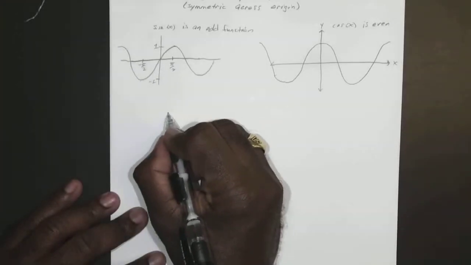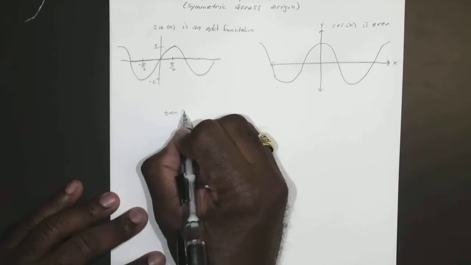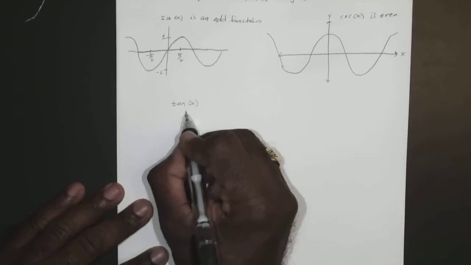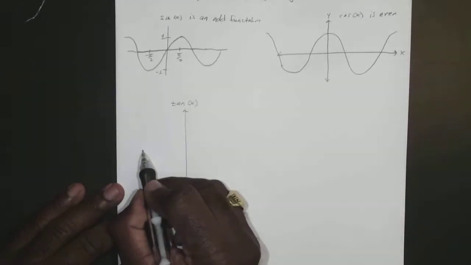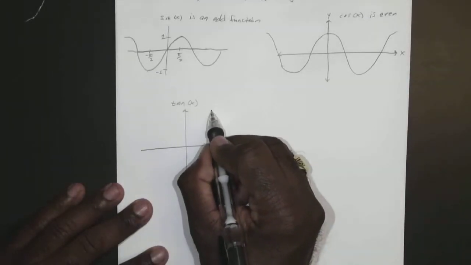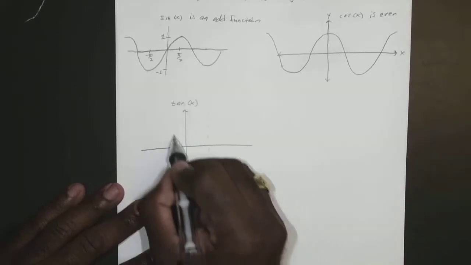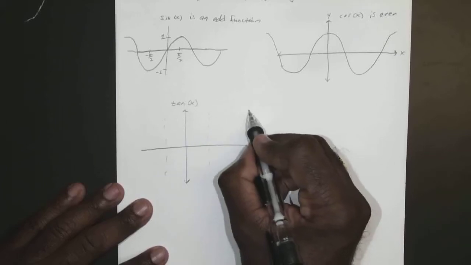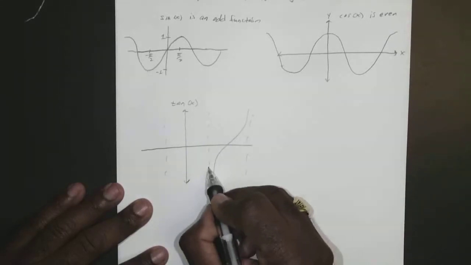So you know that cosine is an even function. Okay, so if we look at tangent, we'll do a quick graph of tangent. And we have our asymptotes, and tangent looks like that.